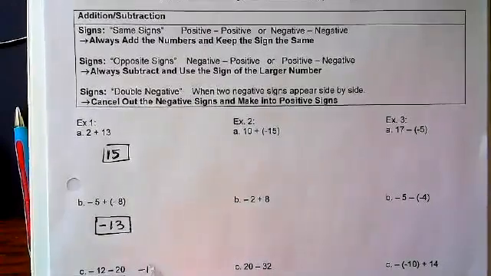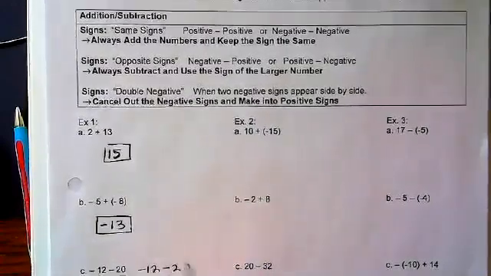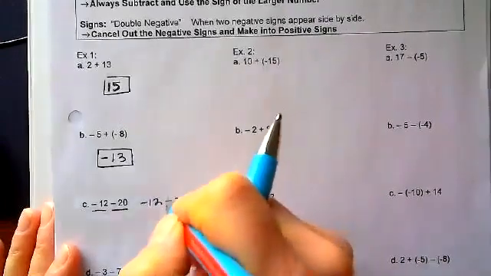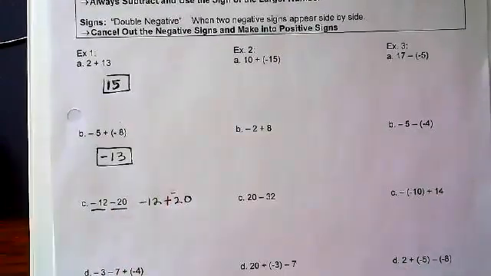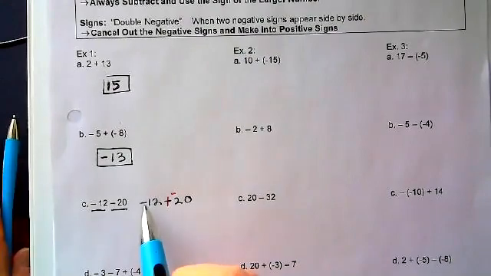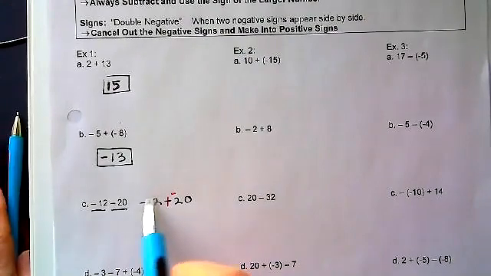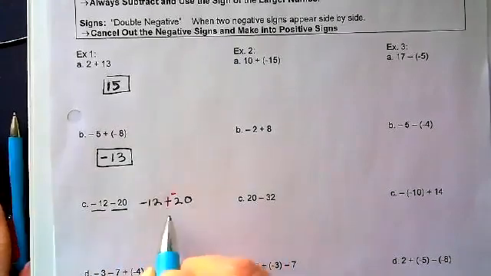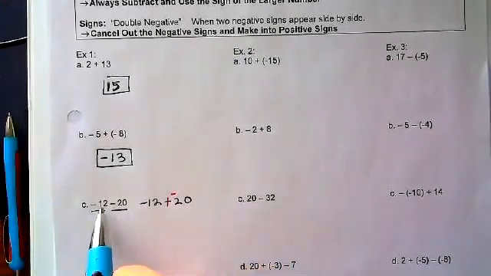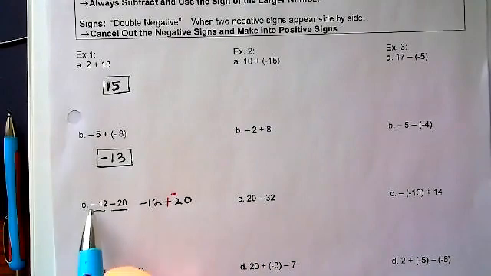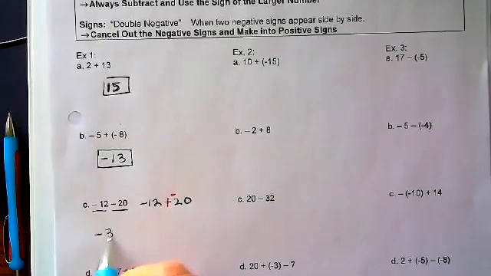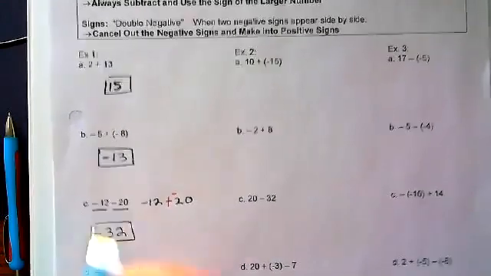Sometimes you may learn this by putting a plus and a negative beside it, changing that to a plus sign and a negative. It makes it easier to see this really is a -12 and that really is a -20. I don't do this throughout the class. I pick up the sign that's in front of it and that's the sign of that number. So this is a -12 and a -20, and that makes a -32. You add and you keep the sign.